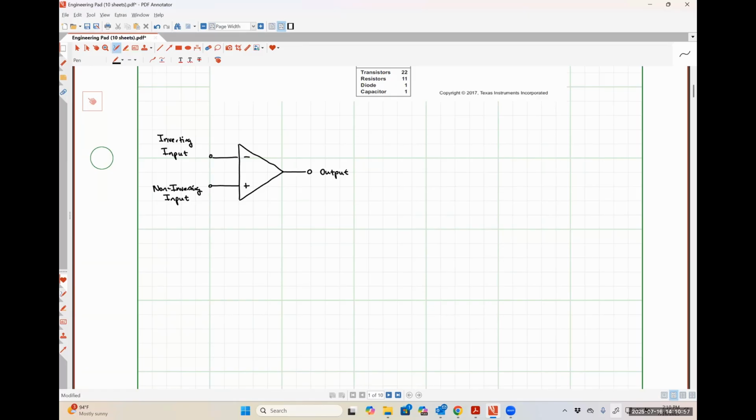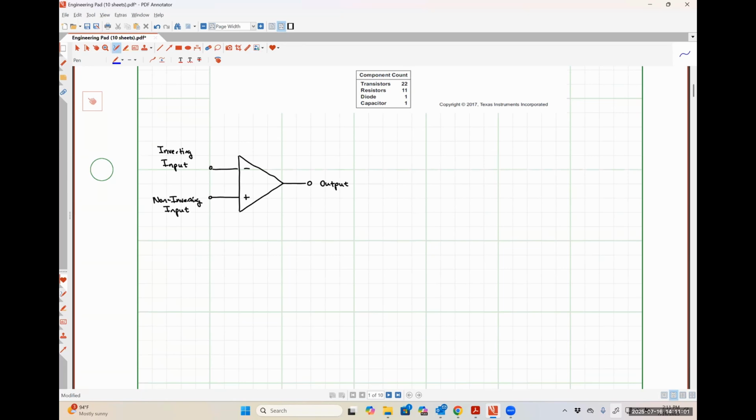A couple of other pins that we're going to represent on here. I'll do the power ones in blue. So here is our VCC plus pin where we supply positive power. And here is our VCC minus pin where we supply negative power. So we might see like plus and minus 9 volts applied to our VCC plus and minus pins.